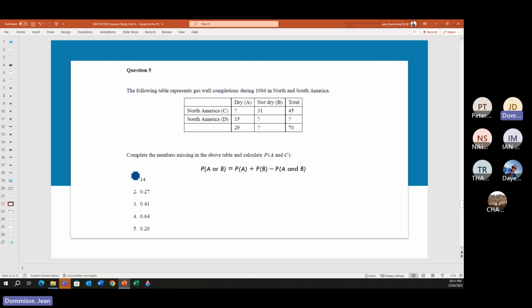So they normally tell you, okay, complete the missing numbers, but look at what they ask you. Complete the missing numbers in the above table and calculate the probability of A and C. So you need to work out what is the probability of that.